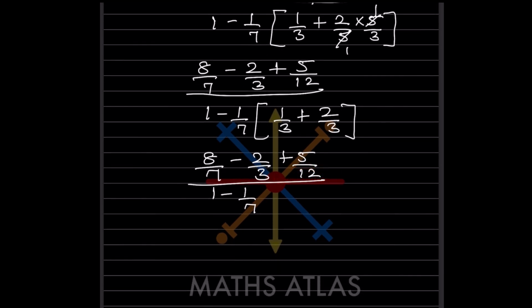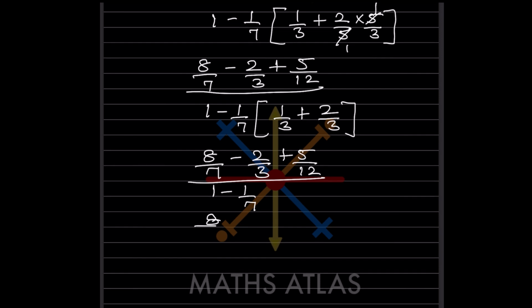Now can you see the denominators are different? The LCM of this, you can check the LCM later, we can write directly, that is 84. You can check with the LCM method. So that is 84. Now here 8 into 7 into 12, 84 means 12 sevens are 84, so here also multiply by 12.